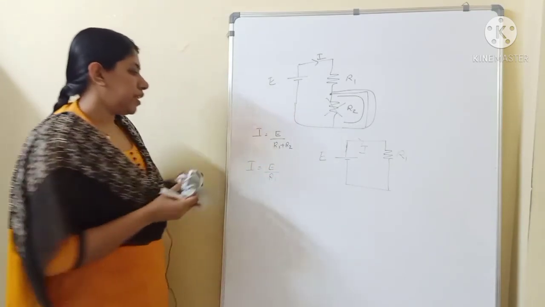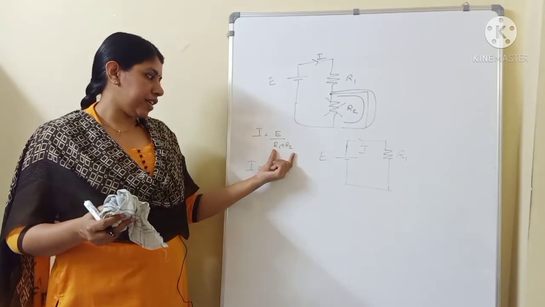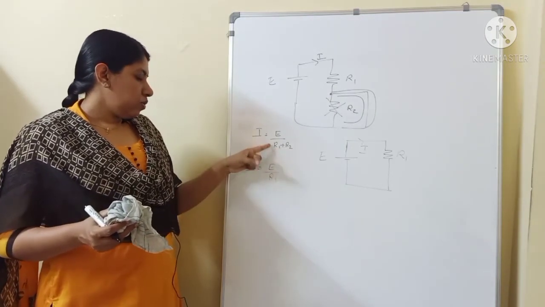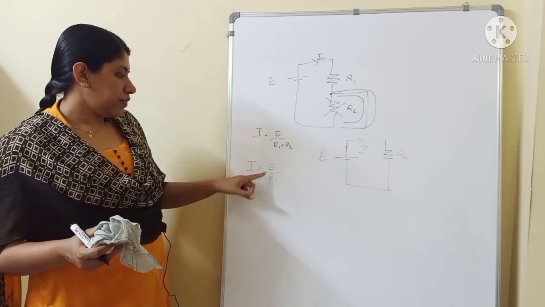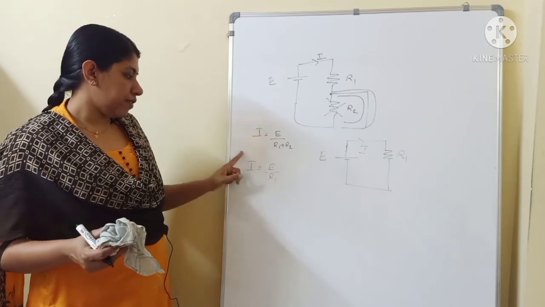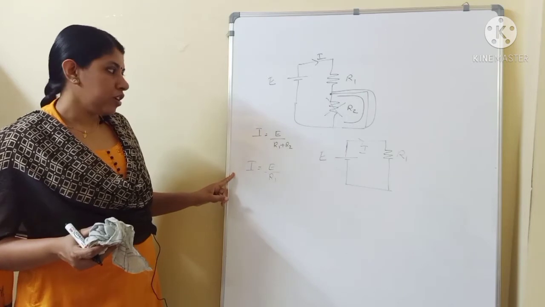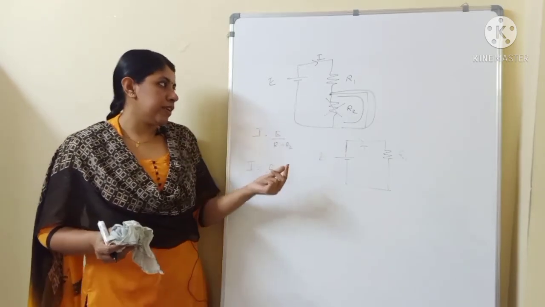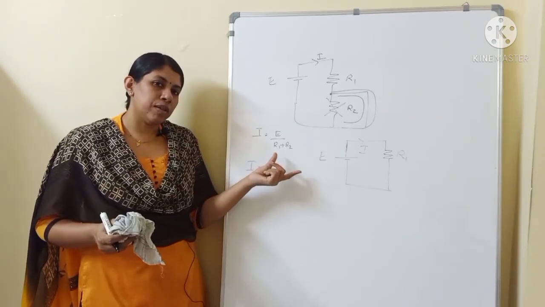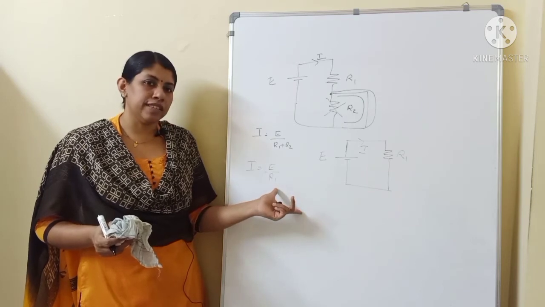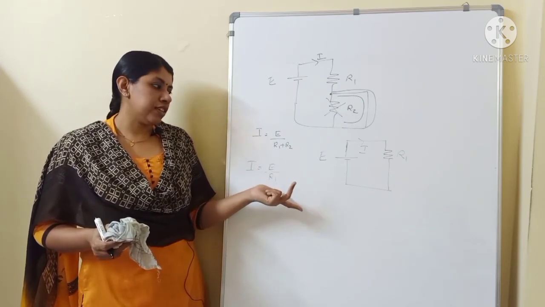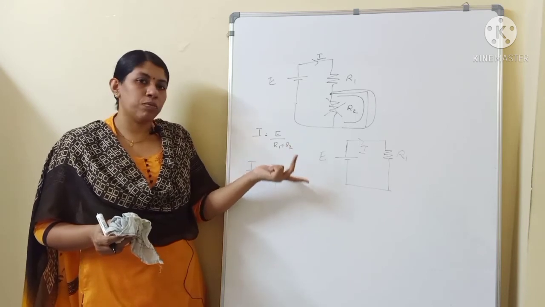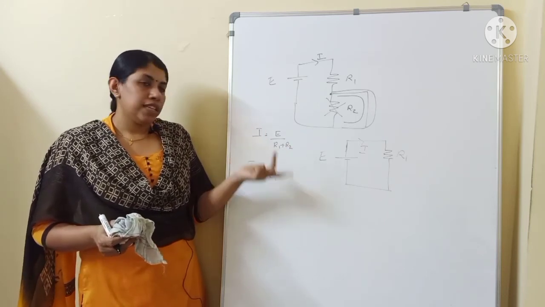Now you can see that here the value of the resistance is very high compared to the previous one, so the value of the current will be lower in that case. But here, since the resistance is less, the value of the current will be more. So you can conclude that when a short circuit appears, the level of the current will increase. This is how a short circuit and open circuit affect the series connection.